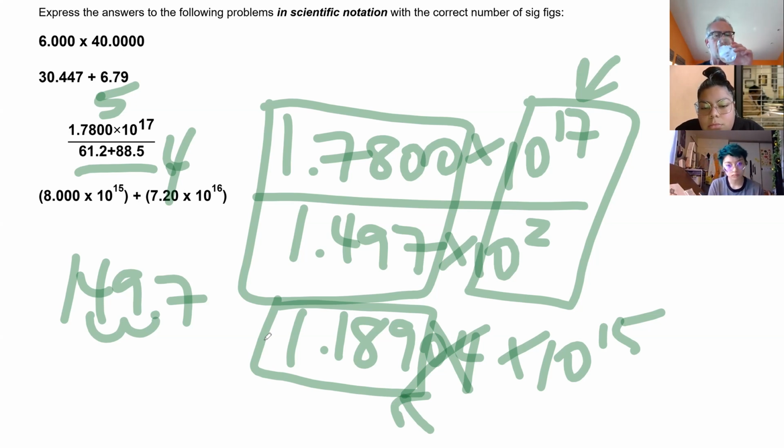I mean, in this kind of problem, like we get 61.24 plus 88, and I put all the things in one calculation. And what did you get?